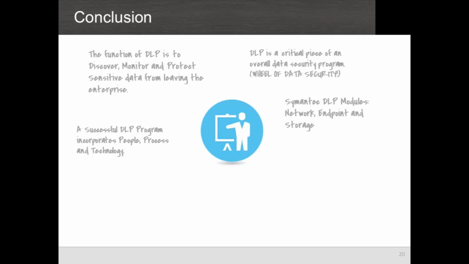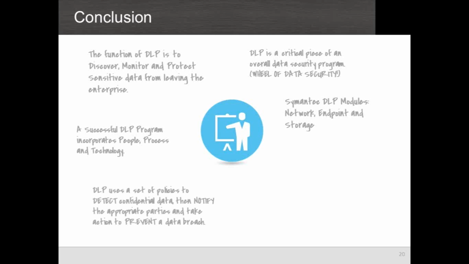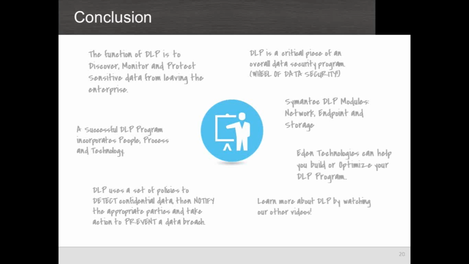Symantec DLP's modules include network, endpoint, and storage DLP. DLP uses a set of policies to detect confidential data, then notify the appropriate parties, and take action to prevent a data breach. Eden Technologies can help you build or optimize your DLP program.